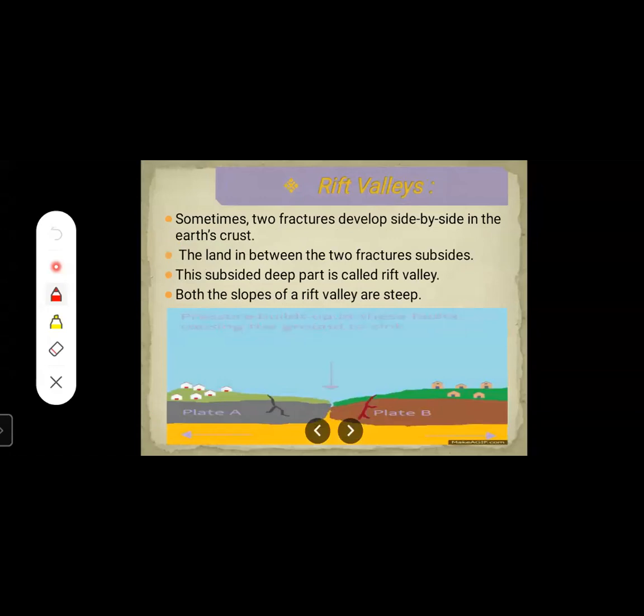Here, see rift valley: sometimes two fractures develop side by side in the earth crust. The land in between the two fractures subsides. This subsided deep part is called a rift valley. Both the slopes of a rift valley are steep.